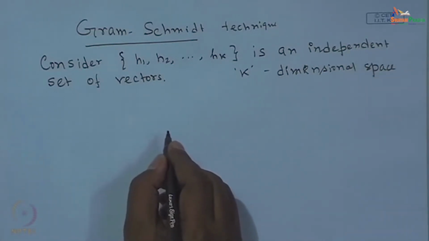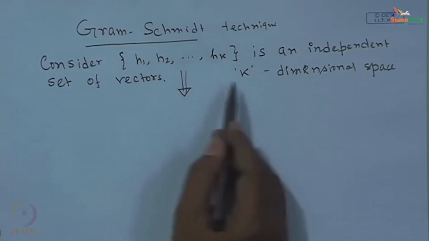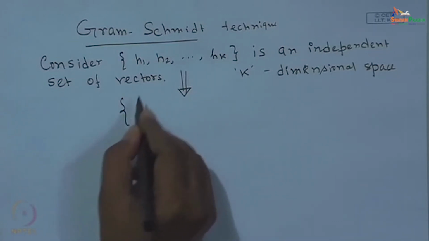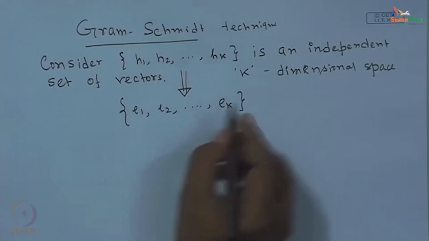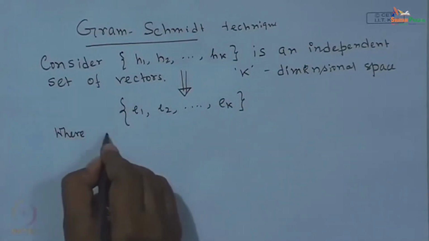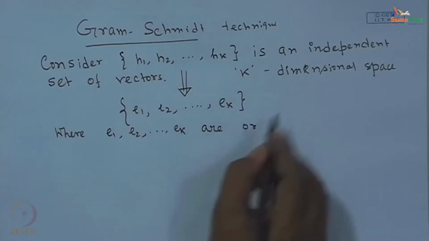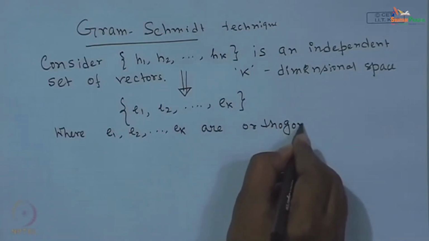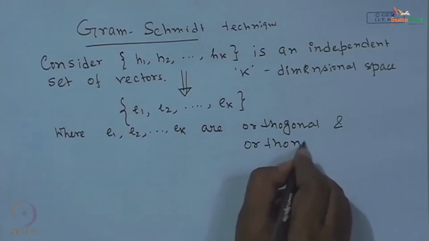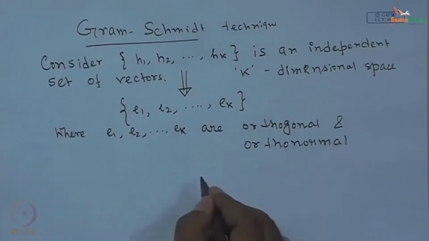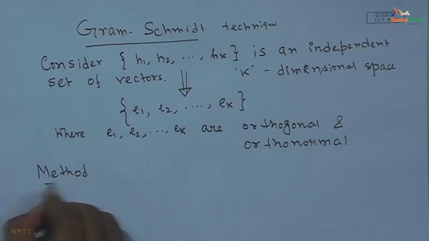We will be getting a set from this set. These sets are not orthonormal. So, we will be getting another independent set of vectors. From these vectors we will be getting the E1, E2 up to Ek set, where E1, E2, Ek are orthogonal and orthonormal both. So, let us look into the details of this method.